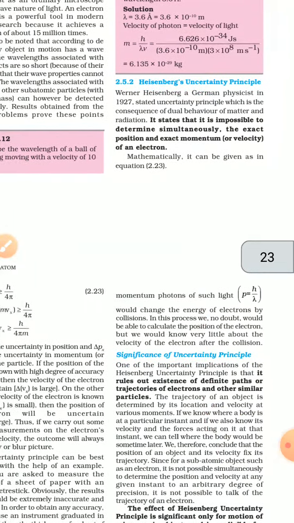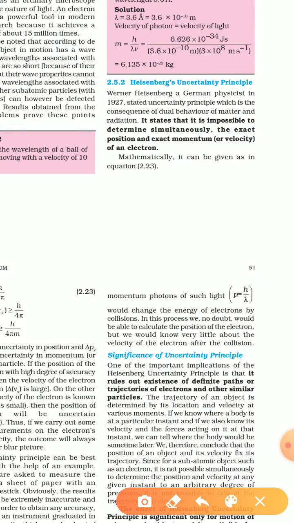One more principle that has been explained was Heisenberg's uncertainty principle, explained by the German scientist Werner Heisenberg. He explained that it is impossible to determine simultaneously the exact position and exact momentum of an electron.